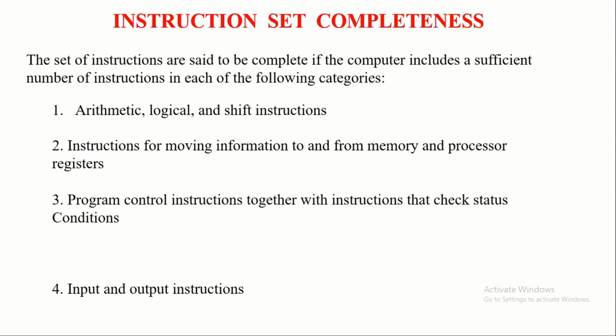Let us now discuss whether the instruction set of the basic computer is complete or not. The instruction set of a computer is said to be complete if it includes a sufficient number of instructions in each of these four categories: arithmetic, logical, and shift instructions; instructions for moving information to and from memory and processor registers; program control instructions together with instructions that check status conditions; and IO instructions.